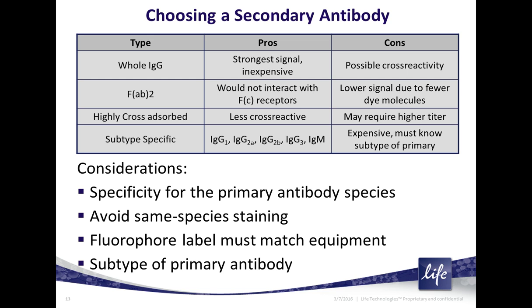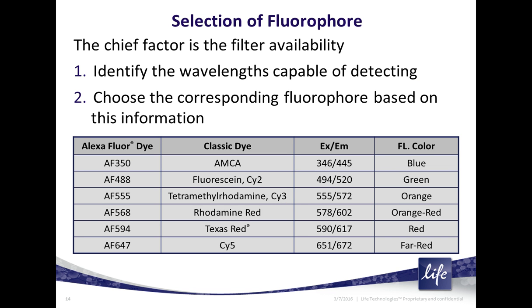The final consideration in choosing a secondary antibody is the wavelength, right? Choosing the fluorophore or dye that's on your secondary. Very important. First, you want to look at your microscope or confocal microscope and find out which wavelengths or filters are available, and try to match your dyes to those.